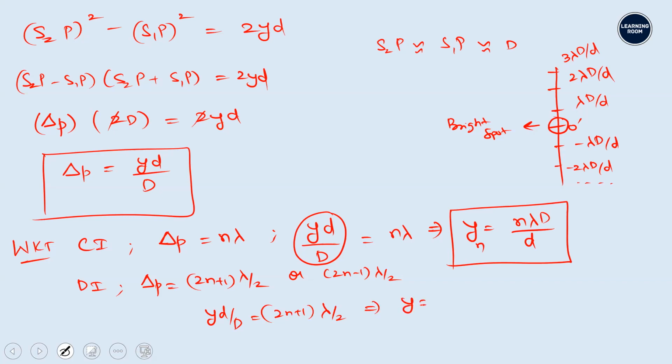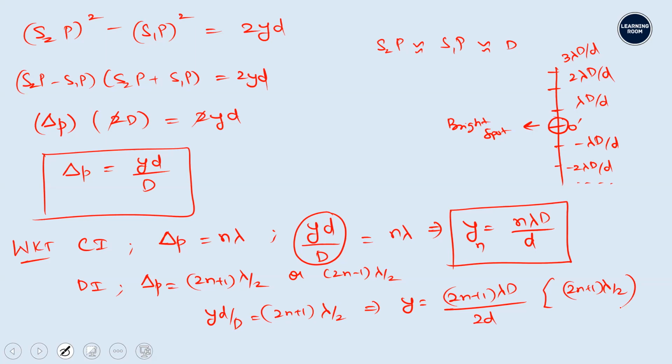Means what is going to be the value of y? The value of y will be equal to 2n plus 1 into lambda into capital T divided by 2 times small t. Right? So this value we will get when we use 2n plus 1 into lambda by 2.